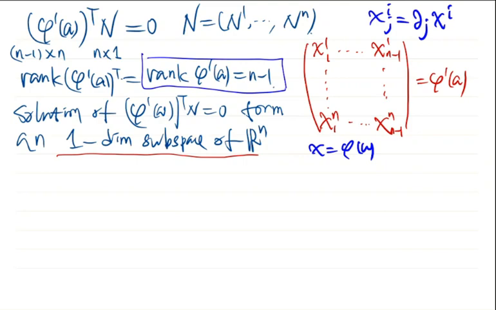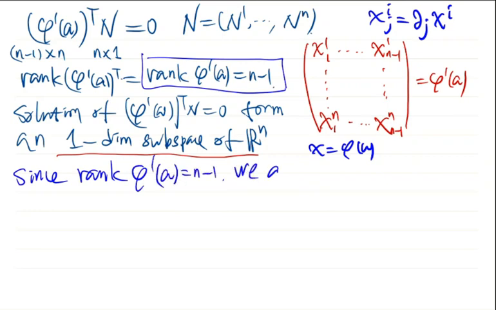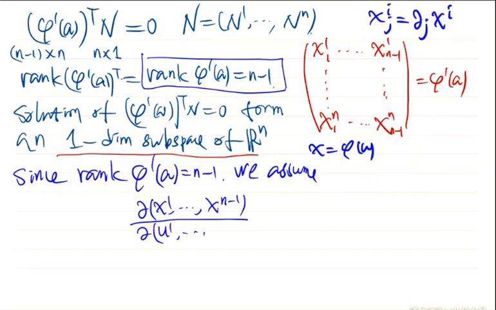Without loss of generality, we can assume the Jacobian determinant of x_1 through x_(n-1) with respect to u. That is the first n-1 rows of this matrix.